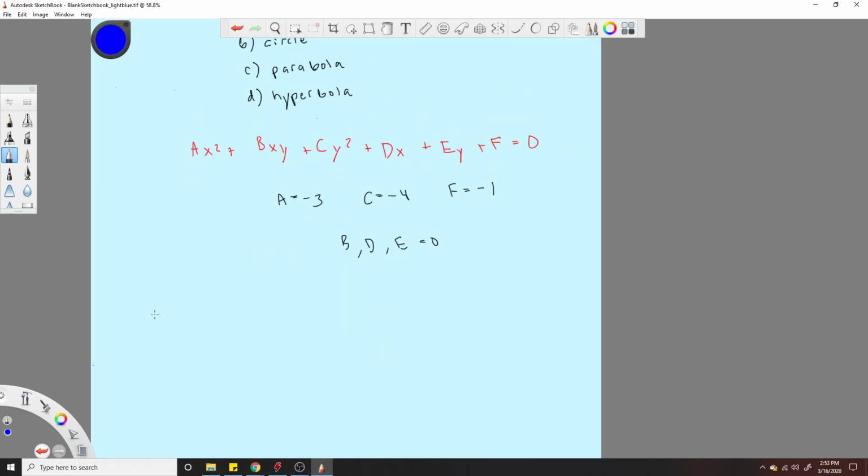So now we can find what's called the discriminant. And what the discriminant tells us, we'll call it discriminant D, is when it's less than 0, you have an ellipse or a circle.